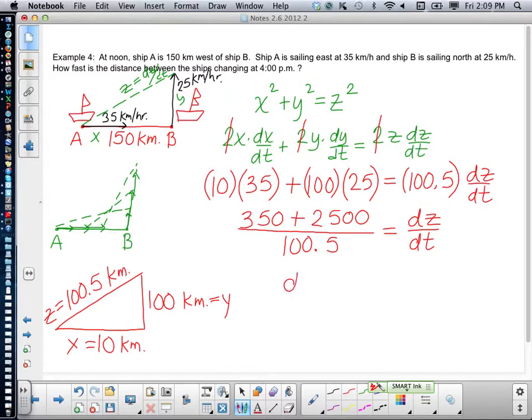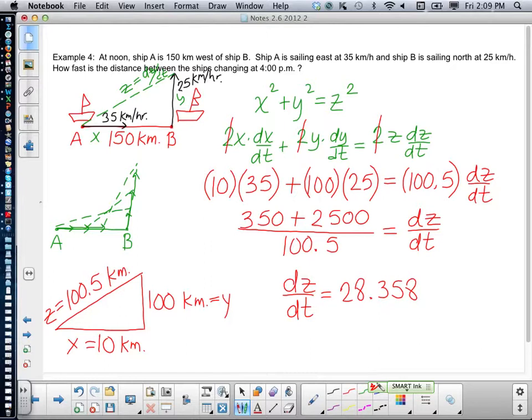Okay, so dz dt is equal to 28.358. Anybody else confirm that? No. No? I have 350 plus 2,500 divided by 100.5. Anyone else confirm that? I think that's correct. Did you get that?